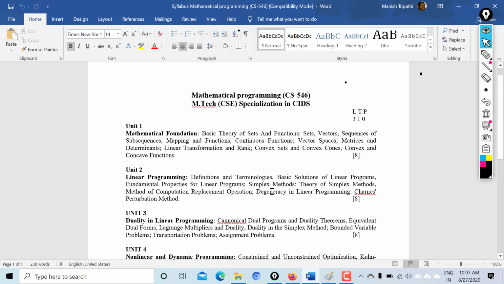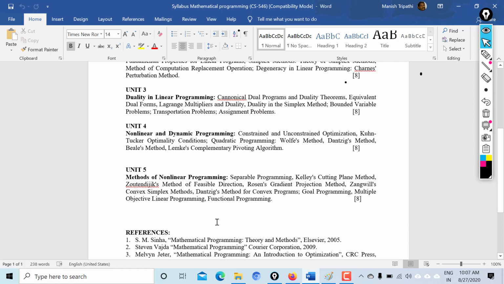In unit 3, duality in linear programming will be discussed, and inside it, canonical dual program, duality theorem, equivalent dual form, Lagrange multiplier and duality. It is a very important topic. Duality in simplex method, bounded variable problem, transportation problem, assignment problem.